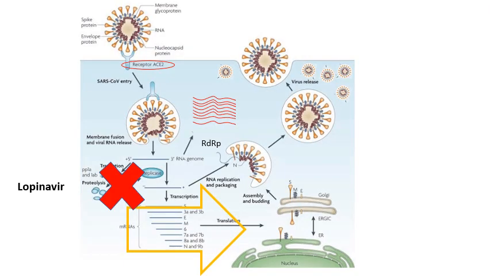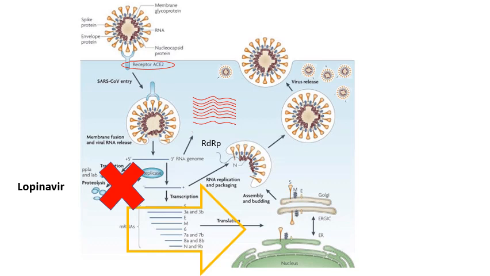Normally it will inhibit the host proteolytic enzymes. These enzymes are very essential for the breakdown of the proteins of the virus into structural and non-structural proteins. When it is not cleaved properly, there won't be a proper assembly of the virus.